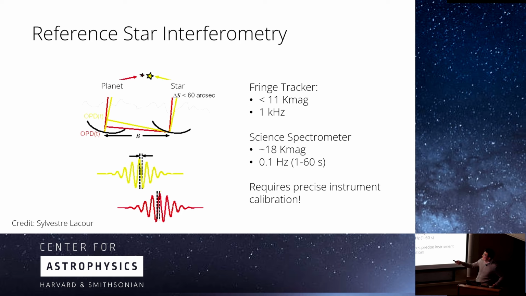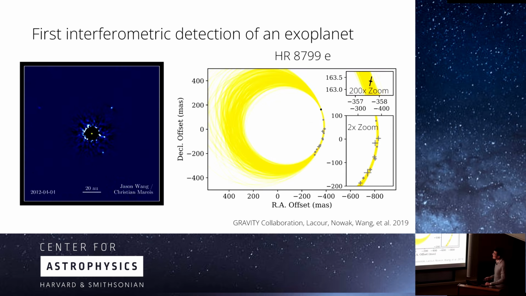And they have a second interferometer point at the planet and use those corrections to maintain those fringes to then integrate for seconds at a time so that we can achieve a sensitivity down to a K mag of 18. And this allows us to basically directly image exoplanets with interferometry. And that requires very precise instrument calibration that I'm not going to talk about. But with this, we're able to obtain the first detection of an exoplanet with optical interferometry.